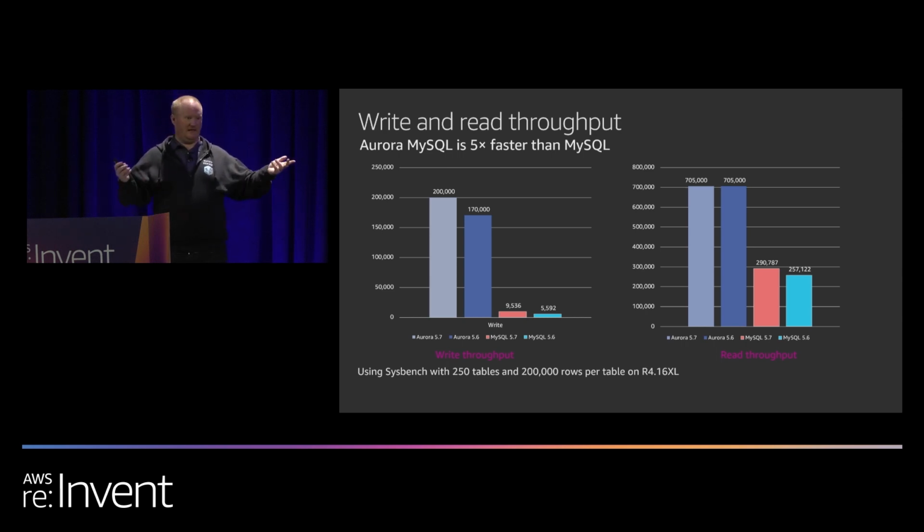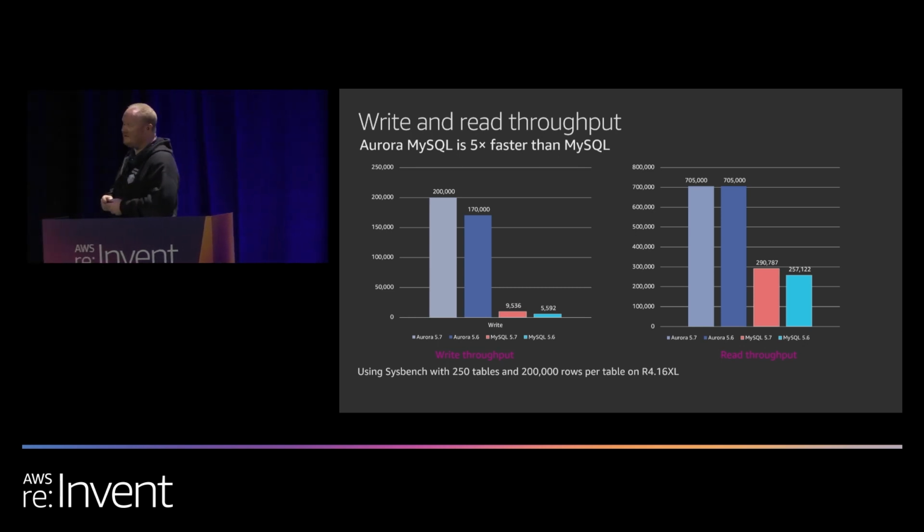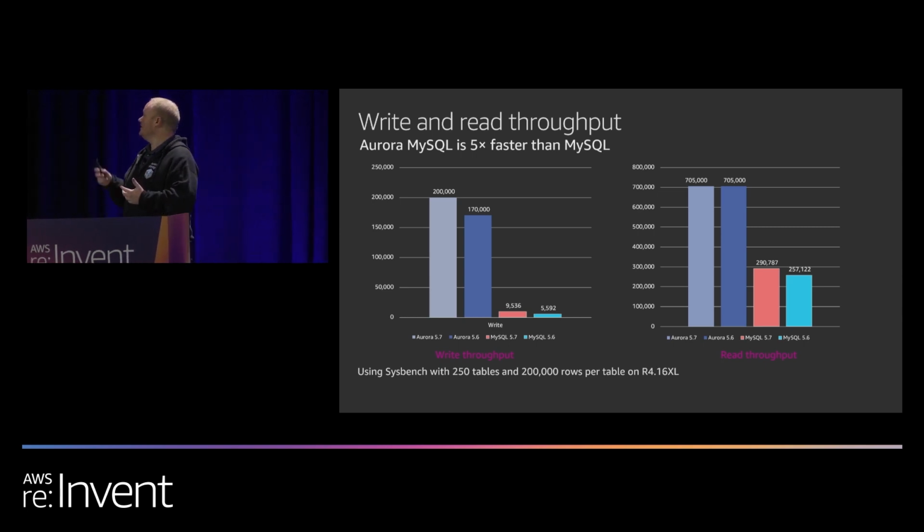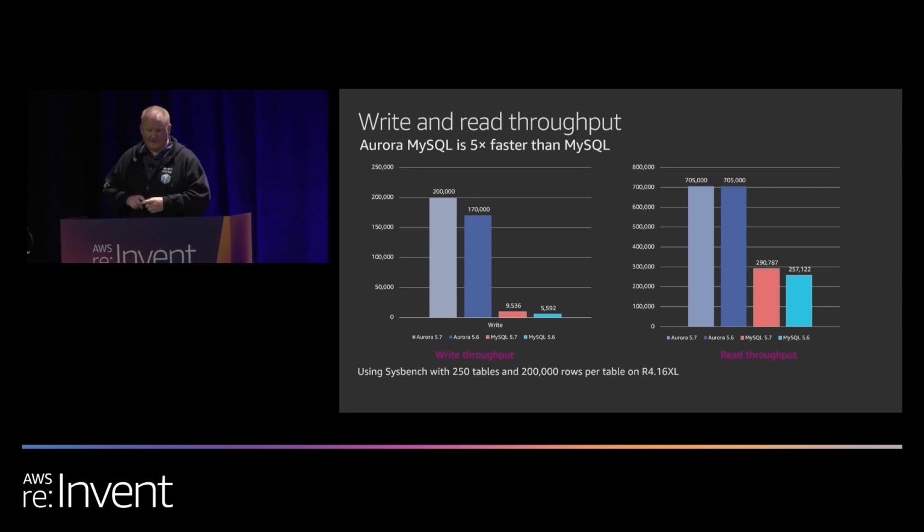So it would make sense for it to be roughly 7 to 8 times more work, 7 to 8 times more latency, and 7 to 8 times less throughput. And then on the read side, you can see that the difference isn't as great, but we're still quite a bit faster because we've optimized parts of MySQL in Aurora to handle the read throughput.